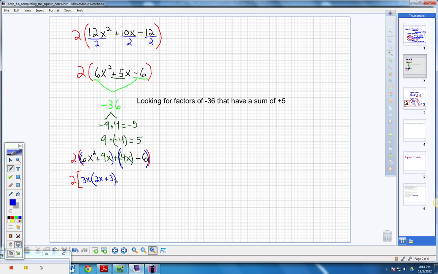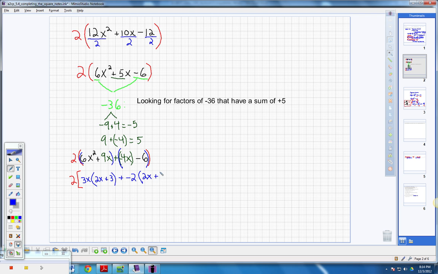In order to do that, I want to factor out a negative 2. I'm going to call this negative 2 multiplied by 2x. This is the special part here. And I want to call this plus 3.